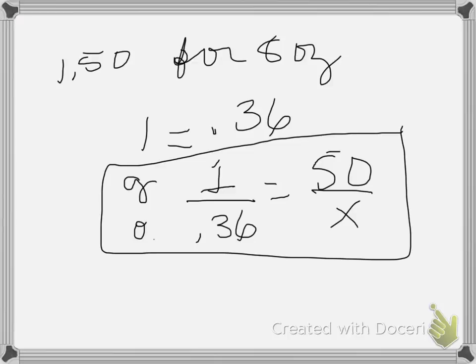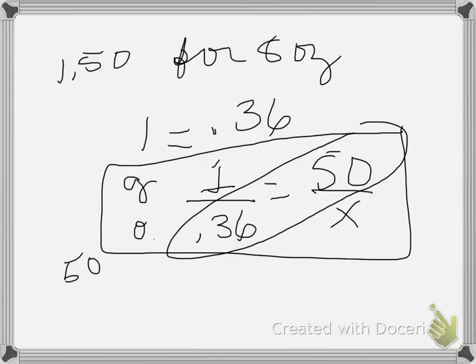I've set up my proportion so I can simply cross multiply. I know it looks messy. I would multiply 0.36 times 50, and divide by 1. That gives me the amount for converting your grams to ounces. So in order to do letter B, you've got to change the 50 grams to ounces. So you have 50 times 0.36.